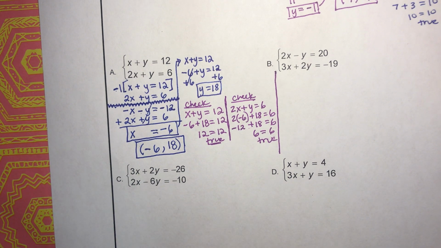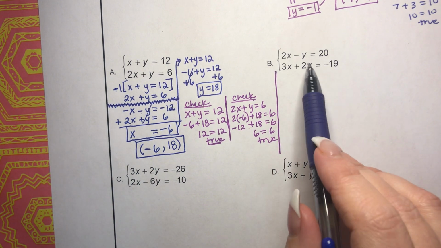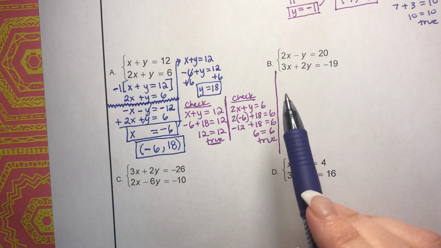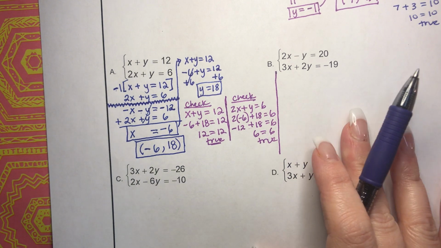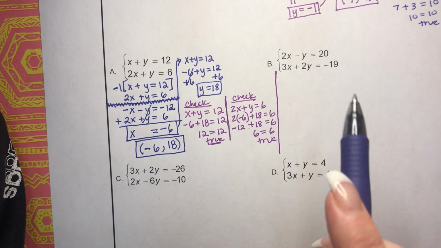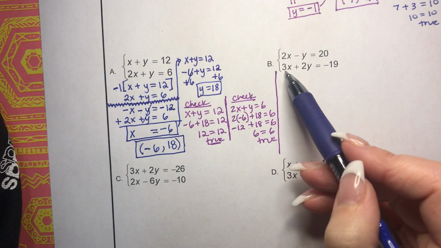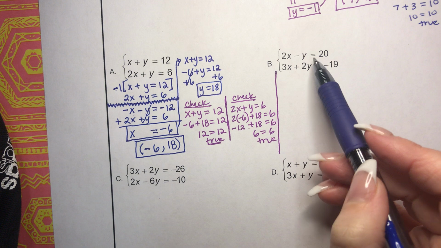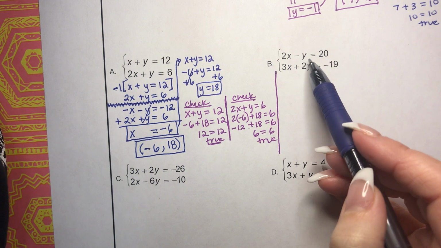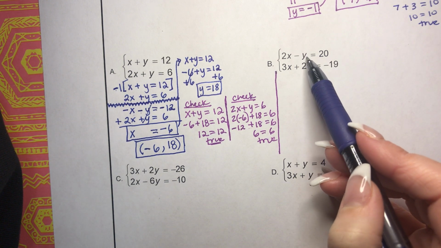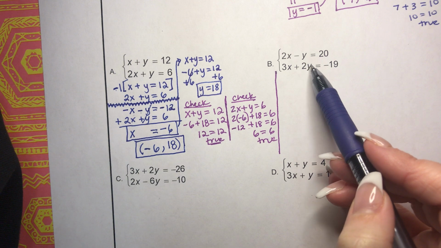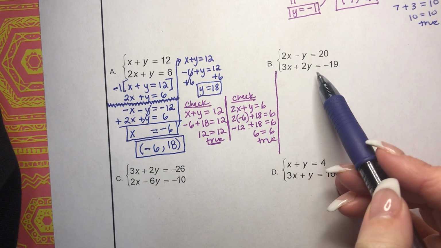That means we're going to have to multiply one of these equations to get the same number, opposite signs. I could look at 2x and 3x, but that's just not going to happen. Let's look at the y. Is there a way I can multiply one of these by a particular number so that I end up with the same number and opposite signs?